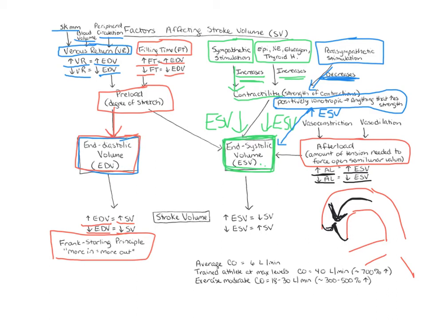Does that make sense? If you have vasodilation, those peripheral blood vessels are getting bigger, and it's easier for blood to move forward. So there's not going to be as much pressure coming back against those valves. In that case of vasodilation, afterload is going to decrease.